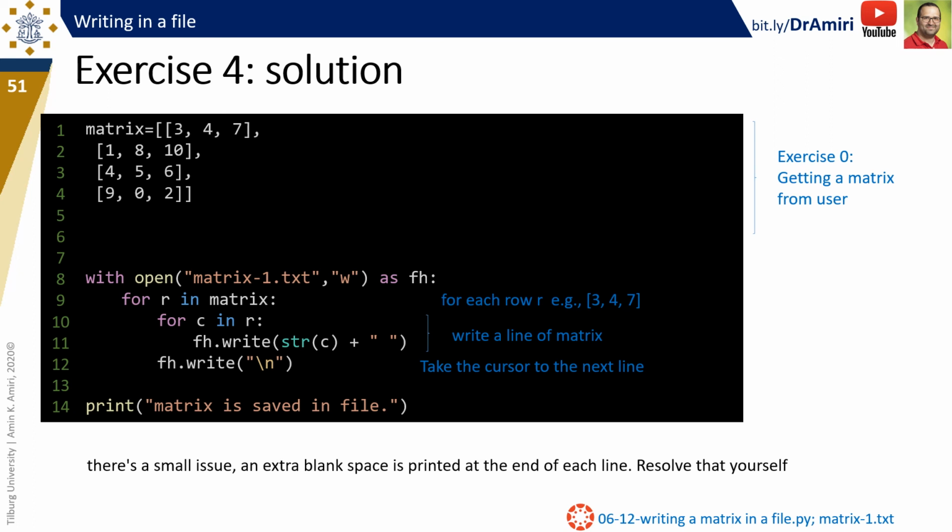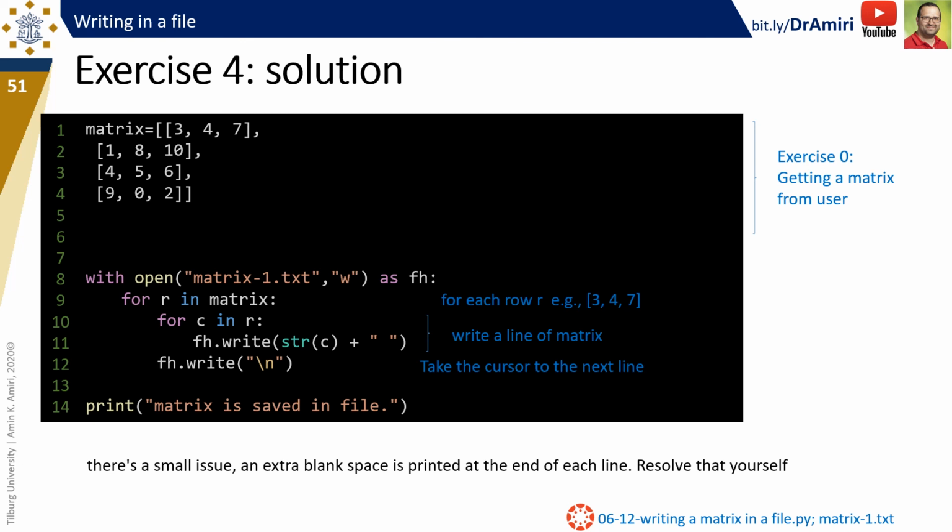And then in line 10, I will iterate through the elements of that list, which means that C is 3 in the first iteration, then 4, and after that 7. And in line 11, you see that I write this element of the list.